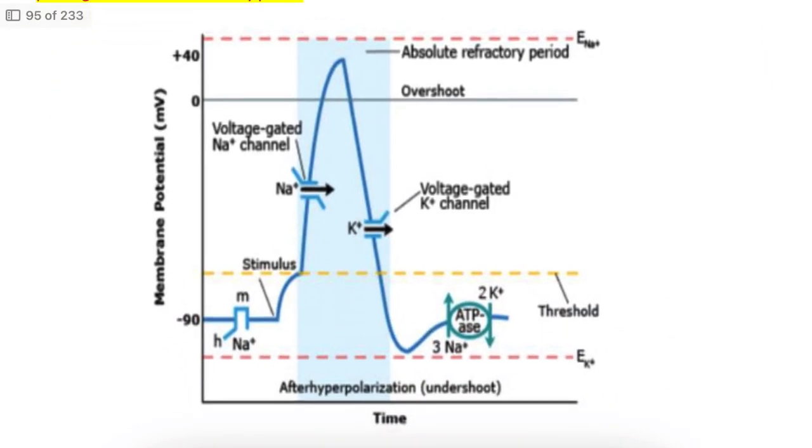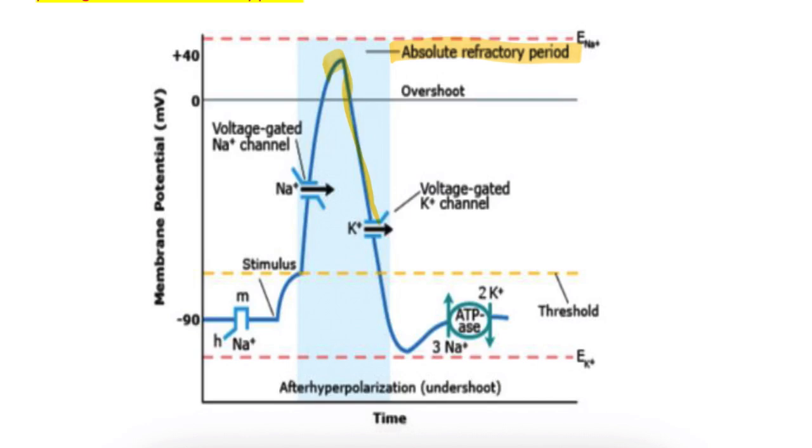This is the absolute refractory period. Here you can see the classic action potential curve, and the absolute refractory period zone is from threshold to mid repolarization.